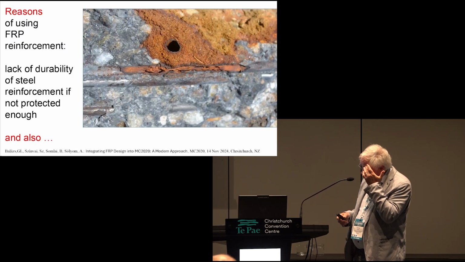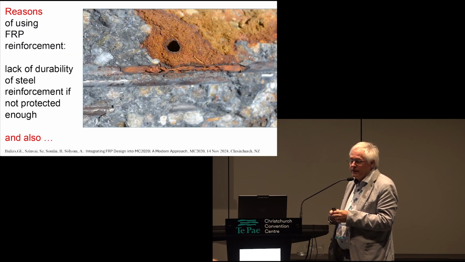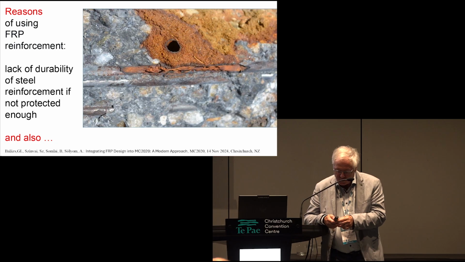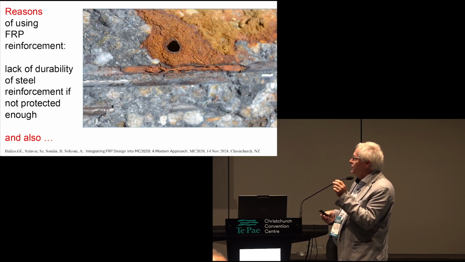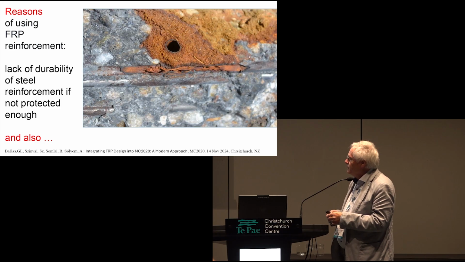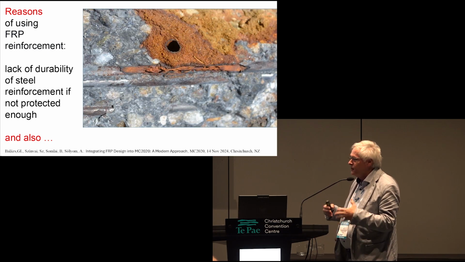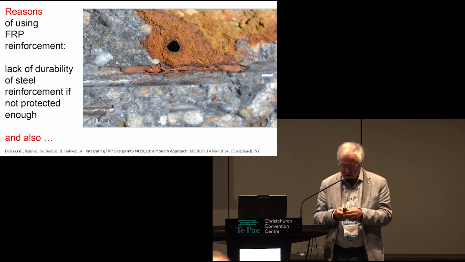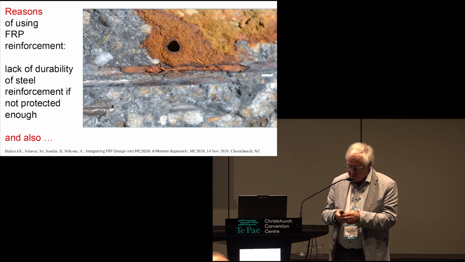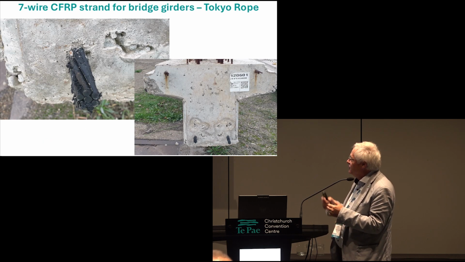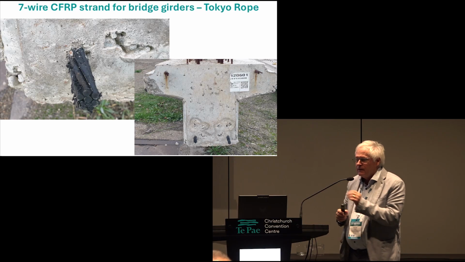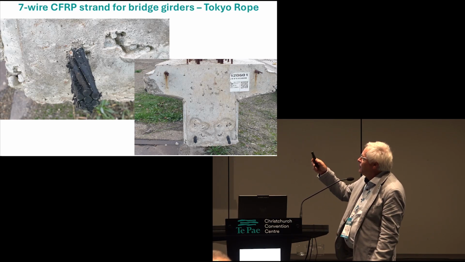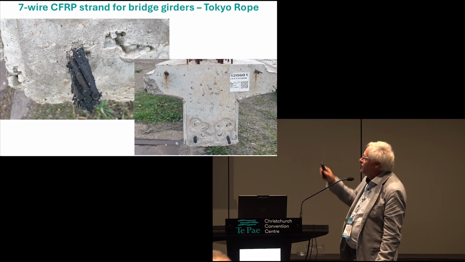The obvious reason to use FRP is to avoid or reduce durability problems, because the electrolytic corrosion is excluded, but there are other advantages and sometimes disadvantages as well, which we shall see soon. This is one element which we pre-stressed with FRP, all the tensile reinforcement.